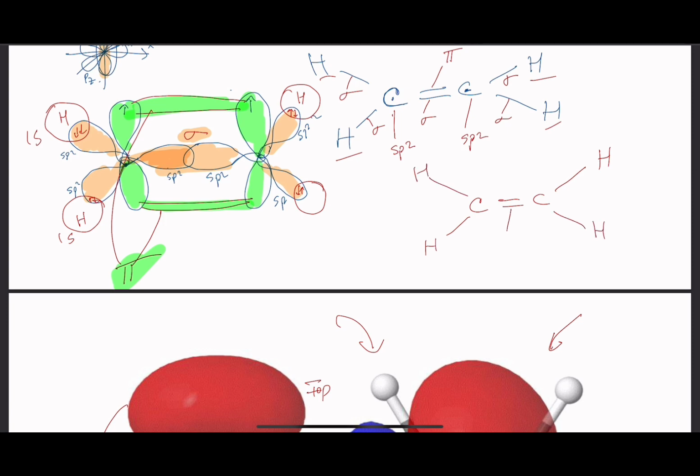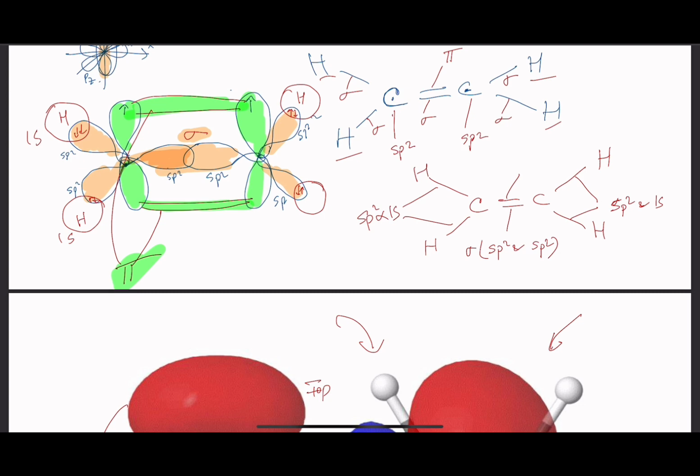You know that this sigma bond is made by sp2 of carbon and then sp2 of another carbon. Okay, while this bond is made by sp2 and then 1s of hydrogen. Same thing with this one, and this is again sp2, and we have 1s orbitals combined together.